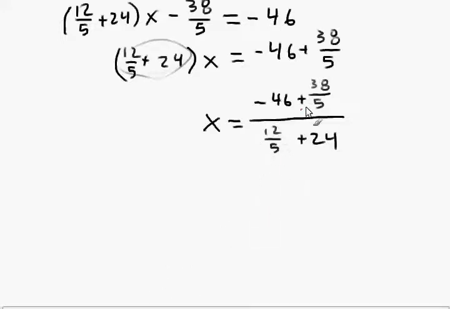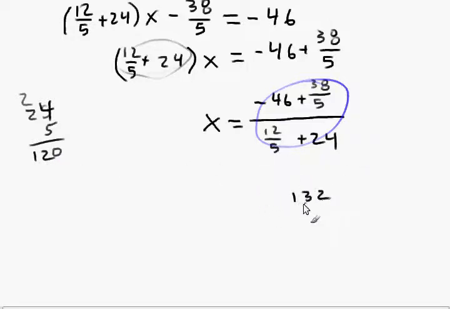And if we wanted to simplify this, we could. We would sit here and we'd have to figure out how many fifths 24 is. Oh, let's see here. 24 times 5 is 120. So this becomes 120 plus 12, 132 fifths. 46 times 5 is 230. So this is negative 230 plus 38.